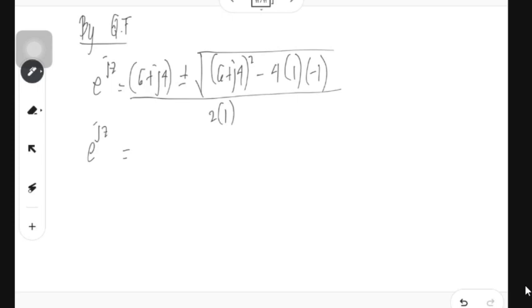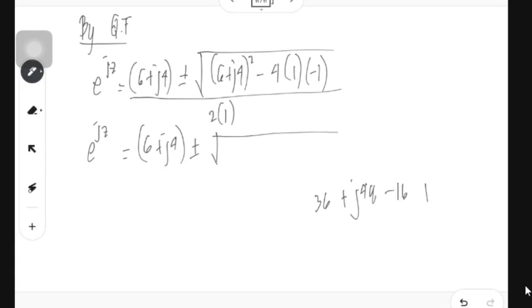Let's try to simplify, 6 plus j4 plus or minus. Kung isi-simplify natin ito, expand natin using binomial theorem. Hindi ba ito 6 squared, magiging 36? Twice the product of the 2, 24, so magiging 48. Am I right? The square of the last term, j squared 16, so minus 16.